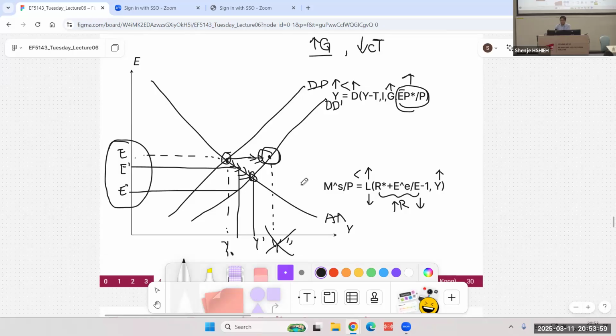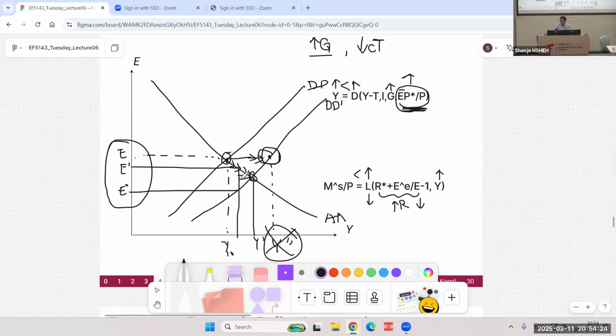So I hope you see that, right? All else equal, if I can hold my exchange rate constant and I do government spending or fiscal policy, the full impact of the fiscal policy is Y double prime. But that output can't be achieved because the exchange rate is appreciating, which actually undermines export-import competition.